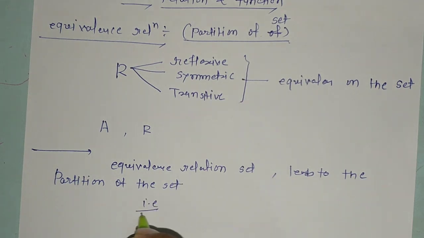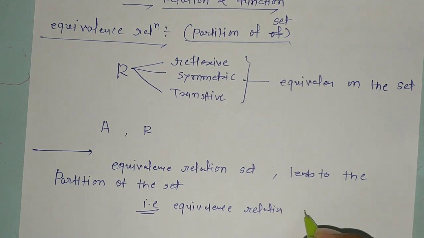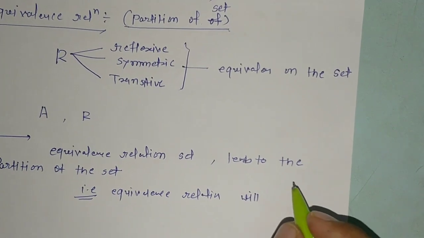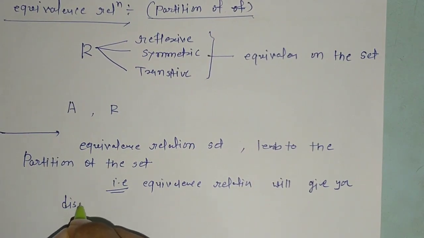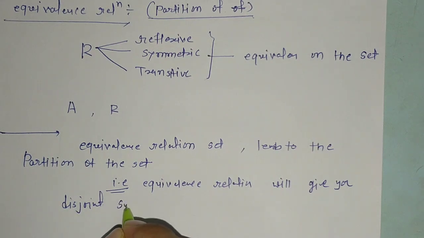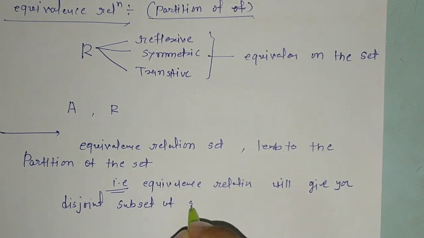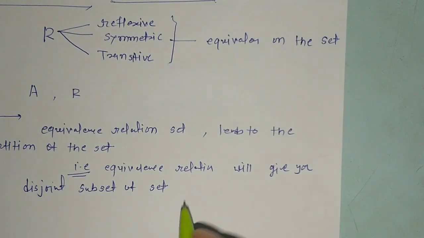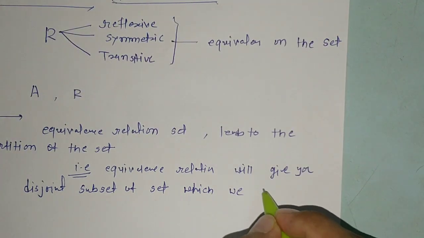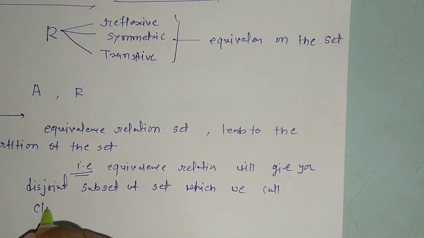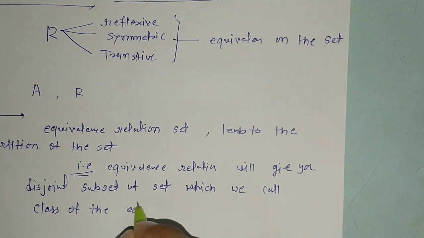That is, an equivalence relation will give you disjoint subsets of the set, which we call classes of the equivalence relation.